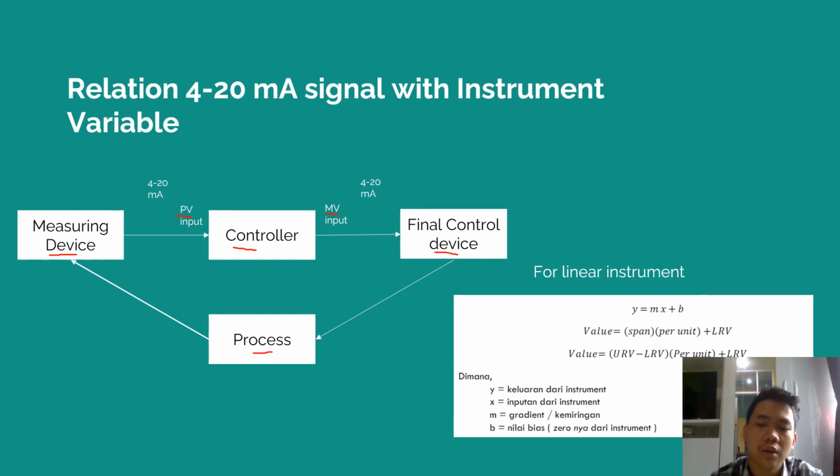As you can see, value equals span per unit plus LRV, and value equals URV minus LRV per unit plus LRV, which means we can get span as URV minus LRV.